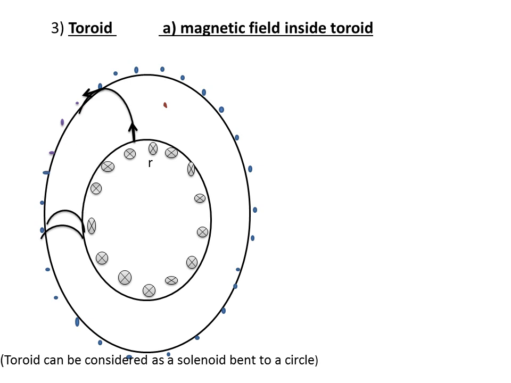So instead of drawing wires, we are going to use dots and crosses to represent wires. Dot represents wire coming up and cross represents wire going in. So here a wire comes up and here a wire goes inside. So all these dots represent wires coming up and all these crosses represent wires going in.